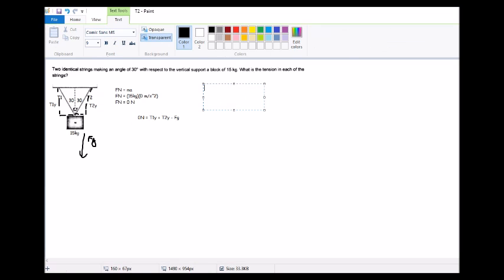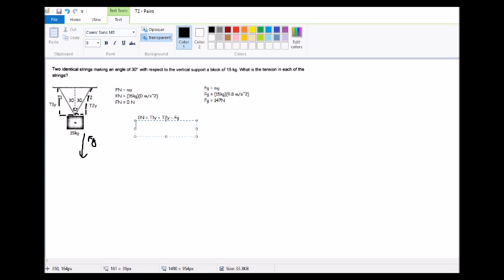Now we have enough information to find Fg using the equation Fg equals mg. Fg equals the mass, which is 15 kilograms, times the acceleration, which is 9.8 meters per second squared, and that would give us Fg equals, let's calculate that, 147 newtons.